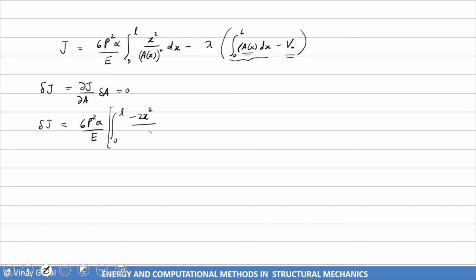I don't stop writing A of x because we all know it's a function of x now. Hopefully that is correct and we don't have a mistake. And then I have del A there, which is quite cool to see happening. Then, in the same integral I can combine, I have minus lambda del A from here.